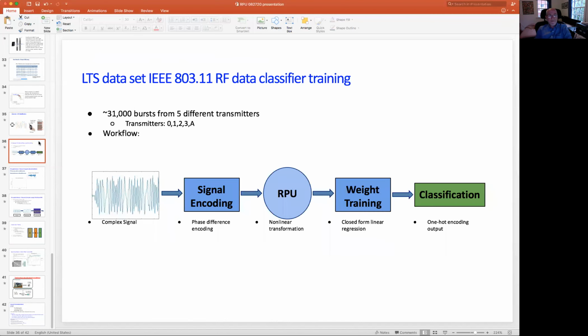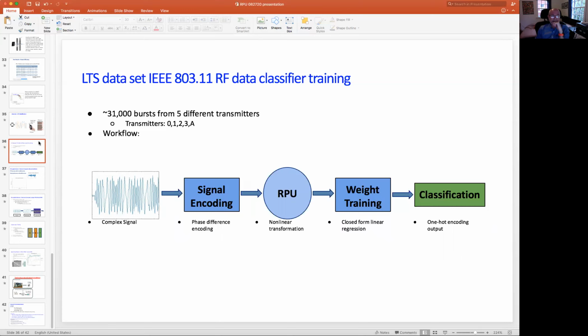So we obtained a data set from the Laboratory of Telecommunication Sciences that had 31,000 transmission bursts from 5 different transmitters that we're going to label 0, 1, 2, 3, and A. All of these transmitters are actually Wi-Fi transmitters, all transmitting on the standard IEEE Wi-Fi standard 802.11.